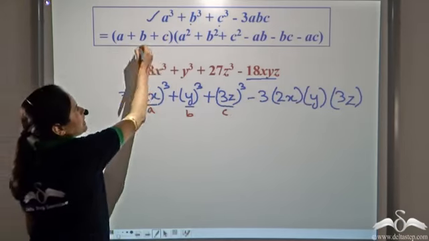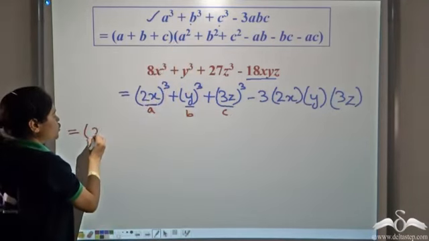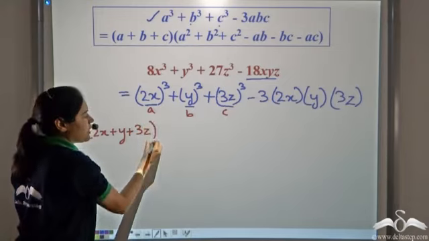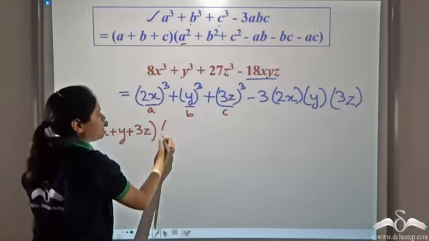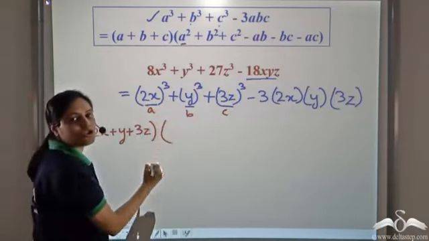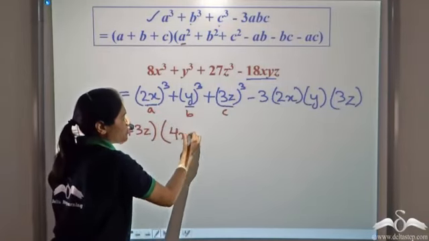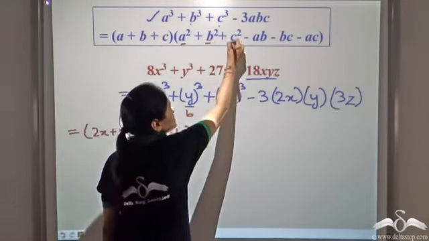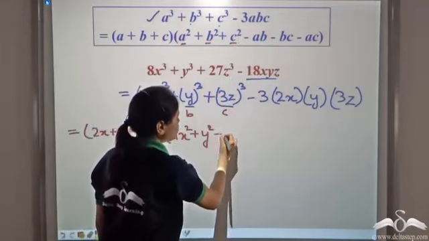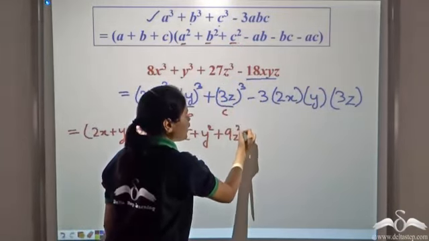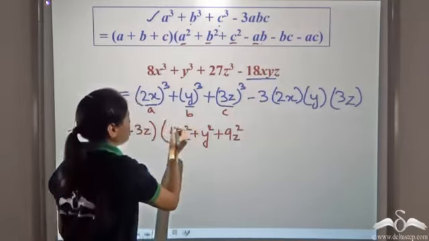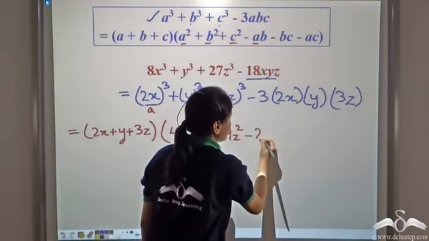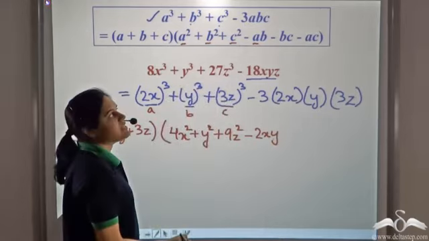We have a plus b plus c, that is 2x plus y plus 3z into a square, which is 2x whole square, that is 4x square, plus b square, which is y square, plus c square, which is 3z whole square, that is 9z square, minus ab, minus a into b is 2x into y, that is minus 2xy, minus bc.